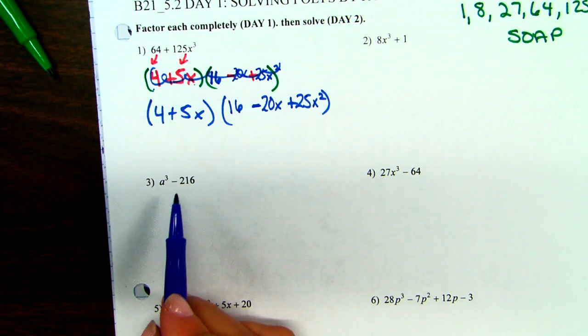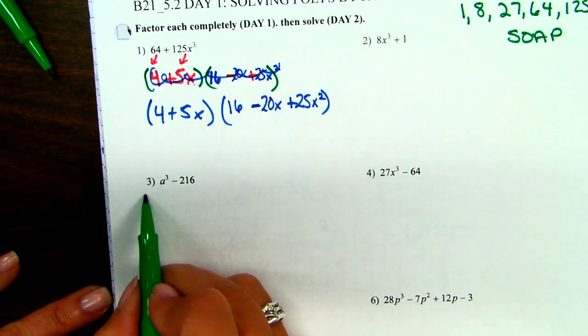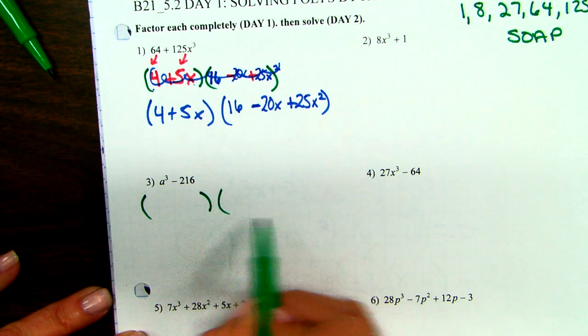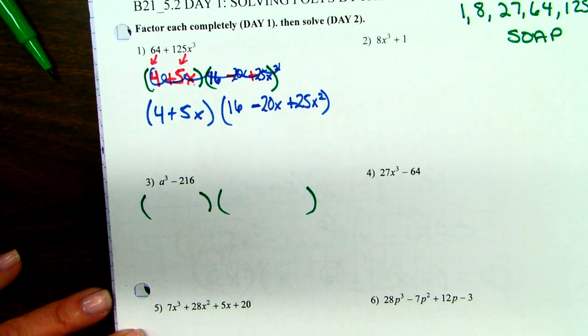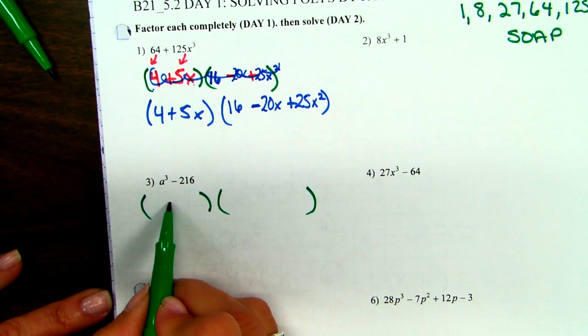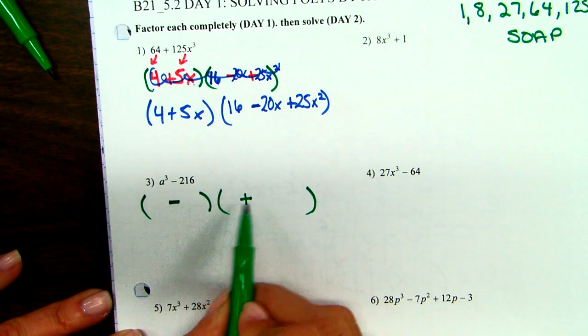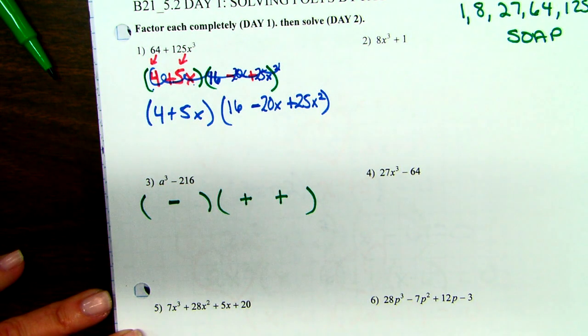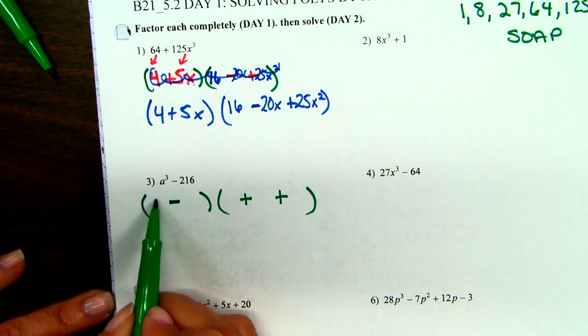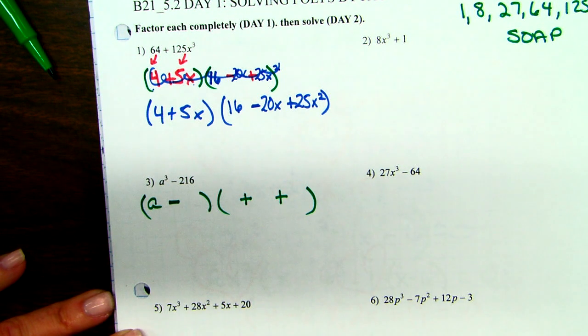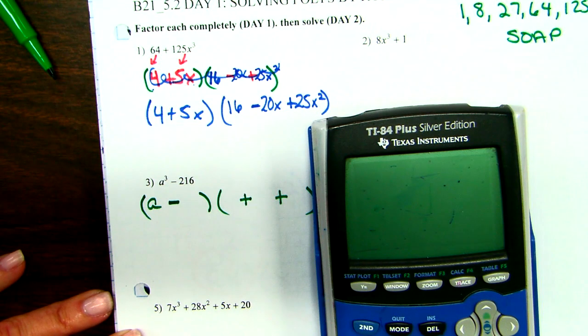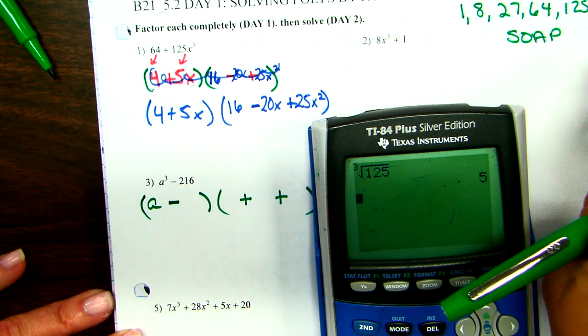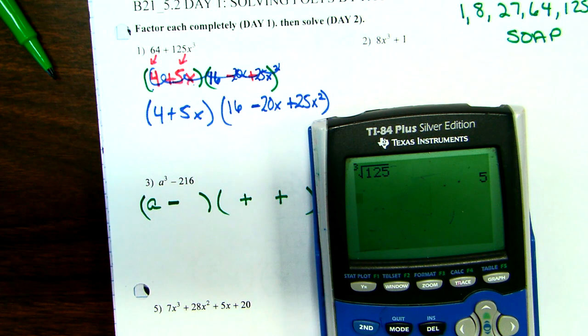Let me do a minus one with you. Now I'll be obnoxious to make it really big. Same. Opposite. These are always opposite. This one's always plus. Cube root of a to the third is just a. And 216, that's one I don't know. I bet it's coming right after 125, but let's make sure.